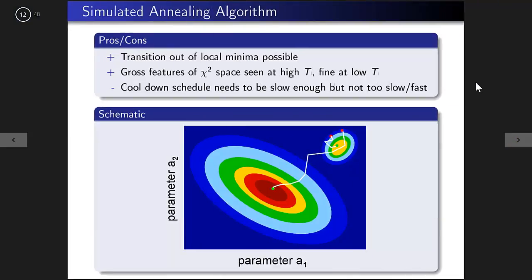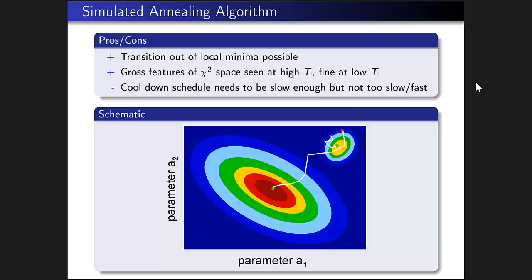One of the things that's nice about this method is that you transition out of local minima. This is a schematic of what chi-squared space might look like. Say we're looking for two parameters, A1 and A2, and for these different values of A1 and A2, the value of chi-squared is shown here. I'm trying to represent that the minima is in the red, so there's a trough there.